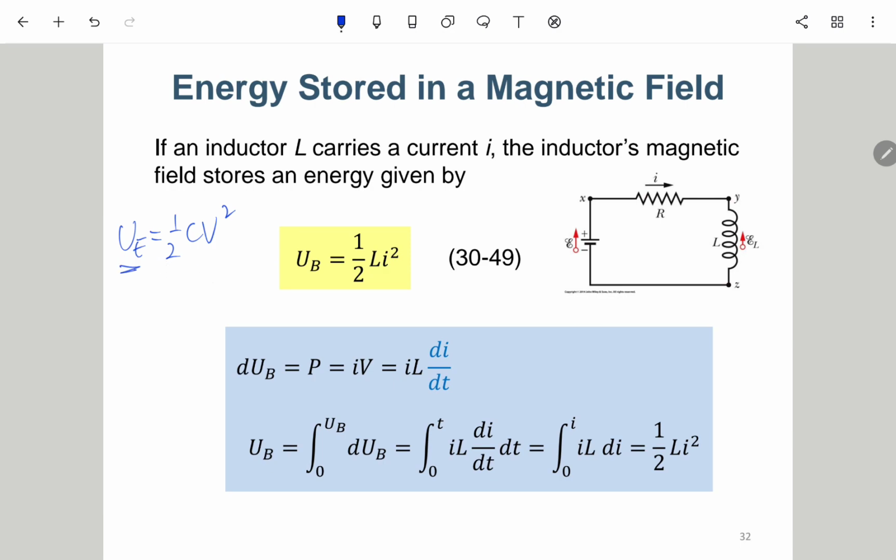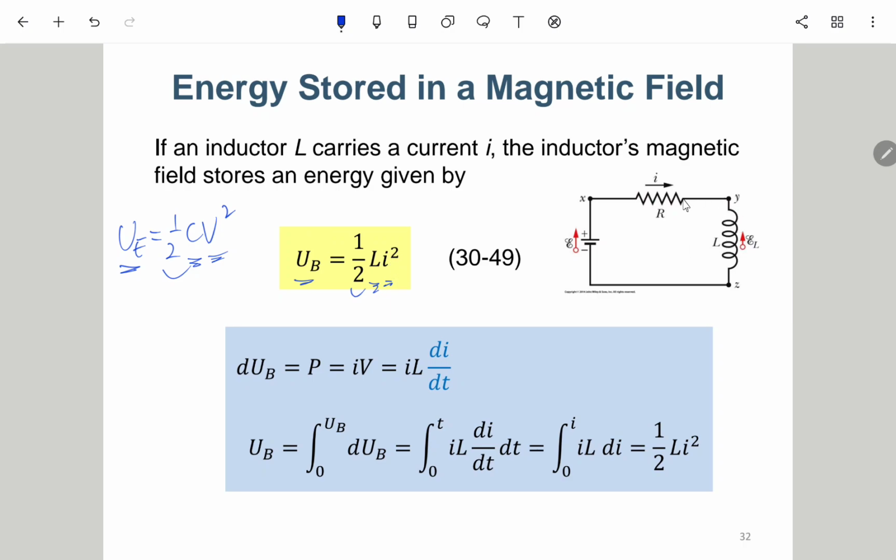This is the energy stored in the E field, and the 1/2 is the same factor. C is the circuit component to generate the E field, and L is the circuit component to generate the B field. You can consider the source of the E field to be the potential difference, and the source of the B field to be the current.